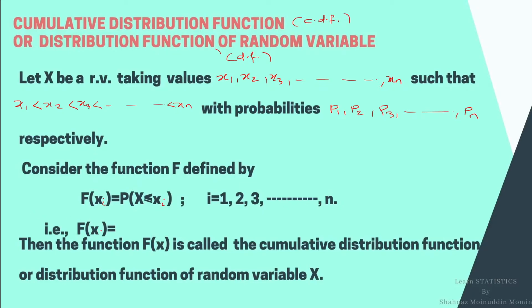That is, f of xi is P1 plus P2 plus P3 up to Pi, since here x is less than or equal to xi. Then the function f of x is called the cumulative distribution function or distribution function of random variable x.